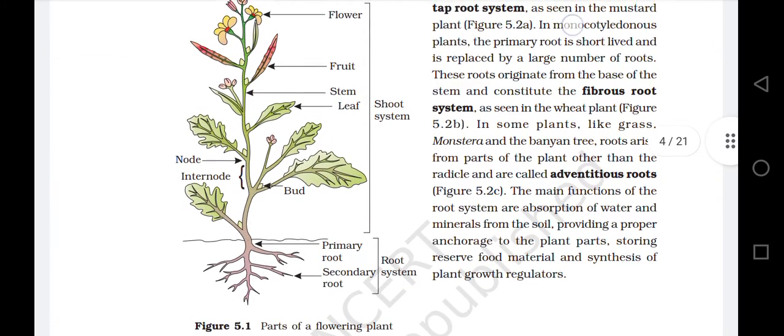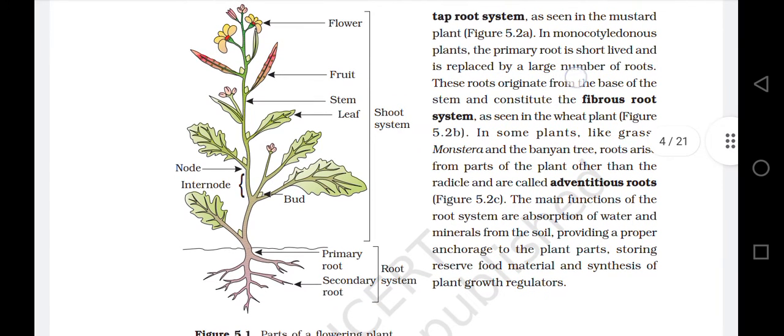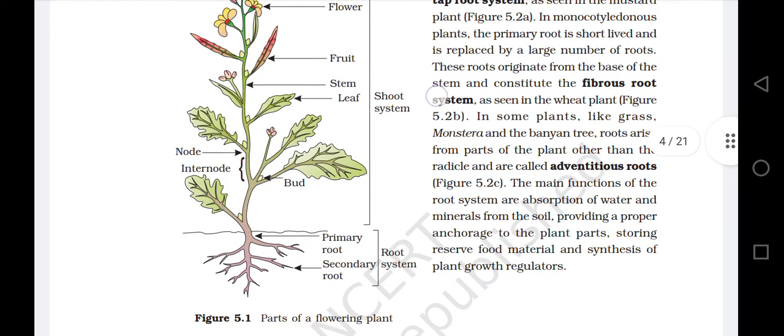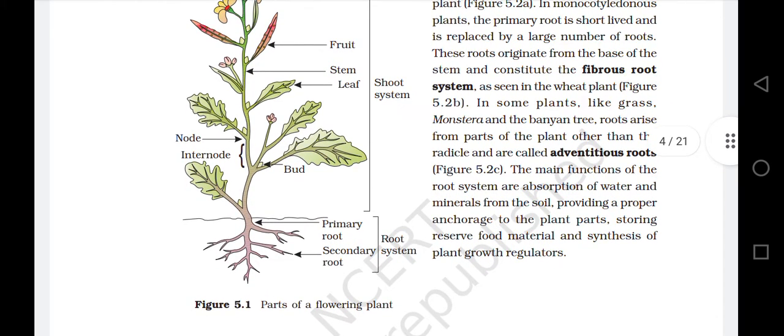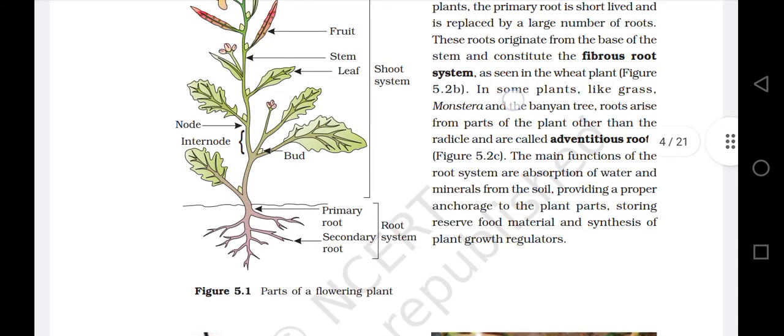taproot system, as seen in the mustard plant, Figure 5.2a. In monocotyledonous plants, the primary root is short-lived and is replaced by a large number of roots. These roots originate from the base of the stem and constitute the fibrous root system, as seen in the wheat plant, Figure 5.2b.